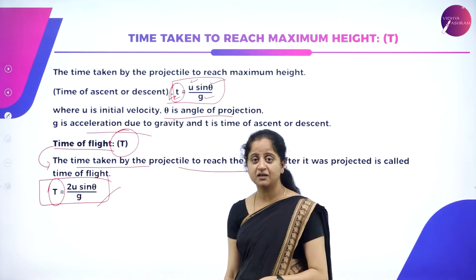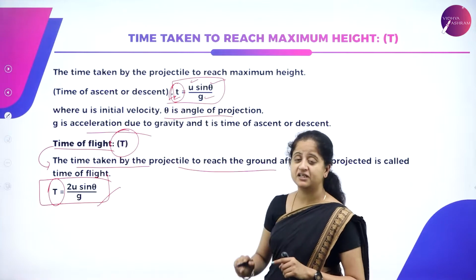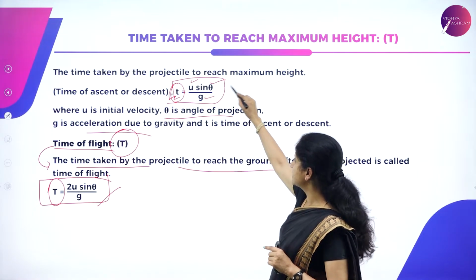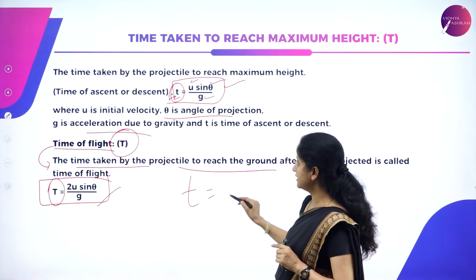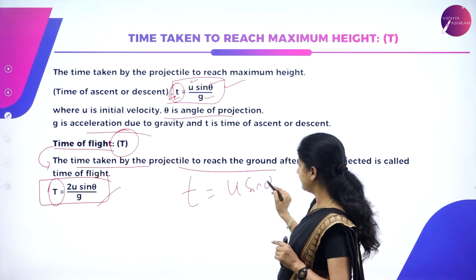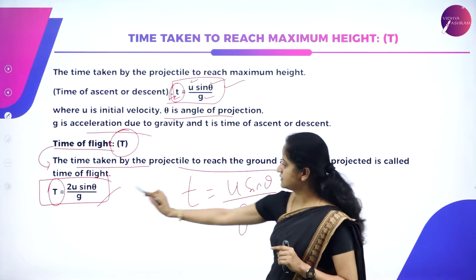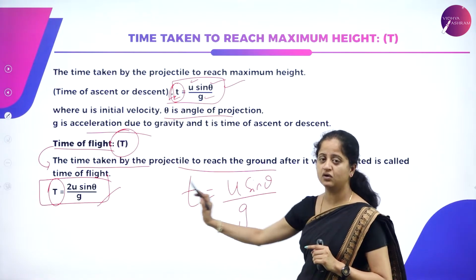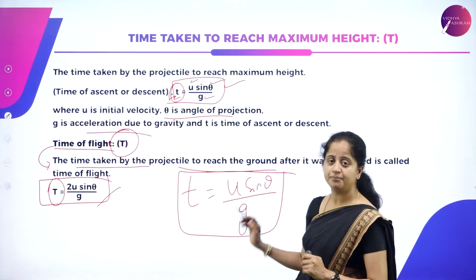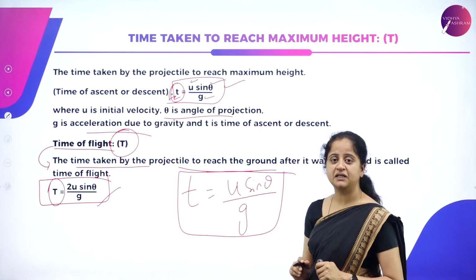Whereas in projectile motion, the time taken by the projectile to reach its maximum height is given by small t, which is u sin theta divided by g. There is a difference between these two concepts, so we have to write the proper definition for the respective questions.